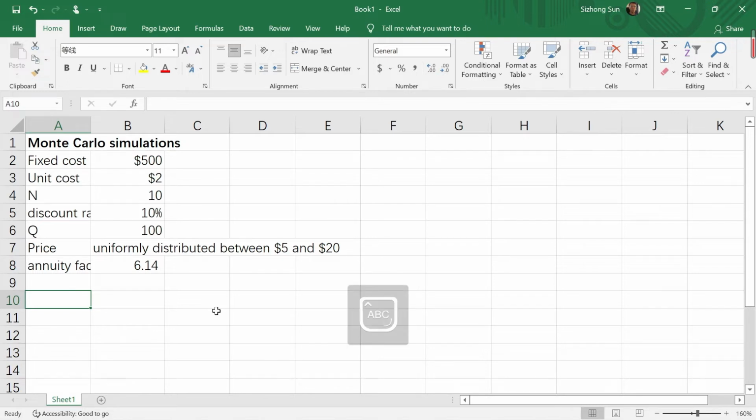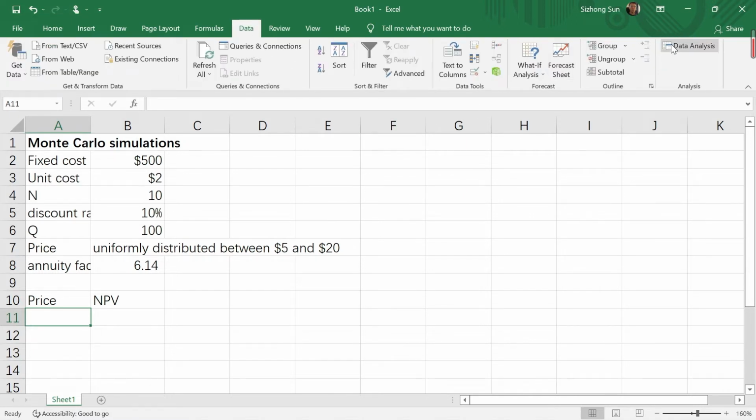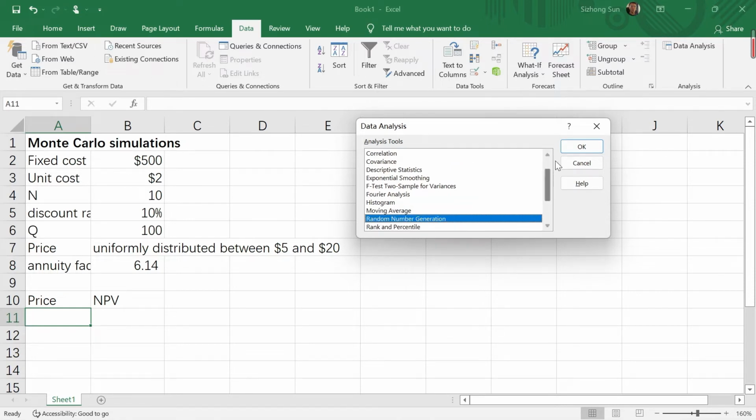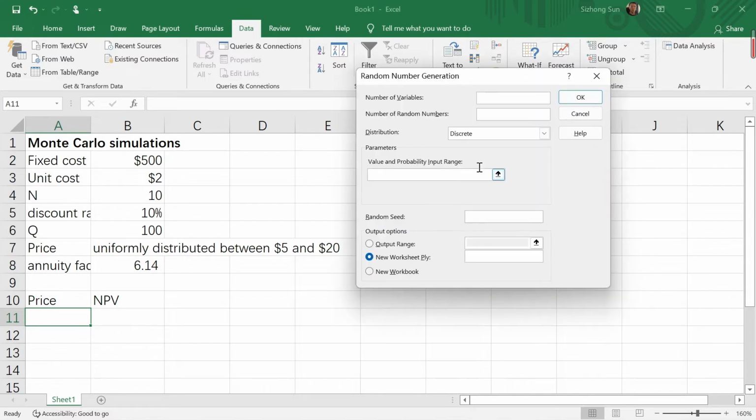Now let's draw a price and compute the associated NPV. I'm going to draw the price from the uniform distribution between $5 and $20. So we go to Data Analysis, Random Number Generation.